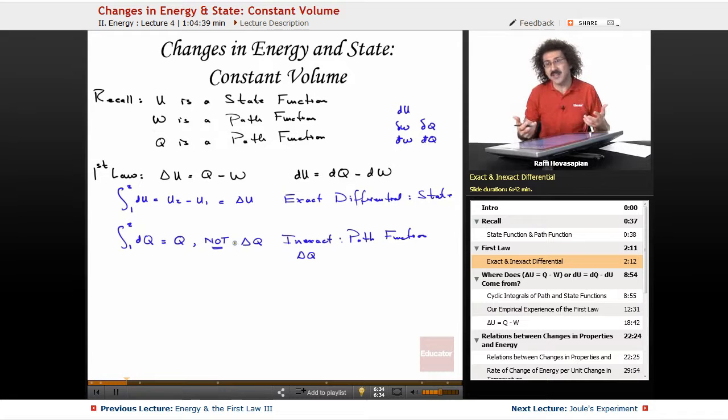So it makes no sense to say that there's a certain amount of heat in the beginning, a certain amount of heat in the end, and the change in heat is the difference between the two. That doesn't make sense. A system does not possess heat. Granted, we tend to be a little loose with our language usage. We often talk about heat as if the system does possess it. That's just part and parcel of the historical discussion of thermodynamics, the sort of looseness in language that exists in science in general.